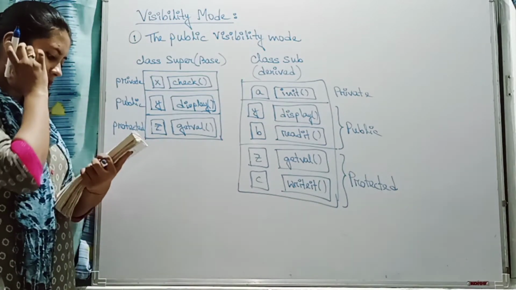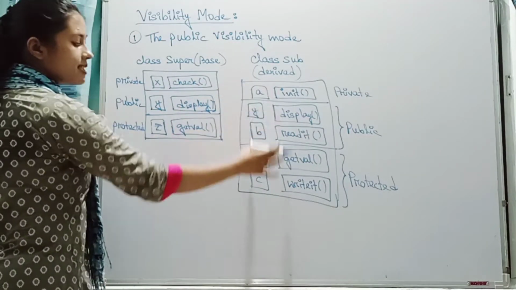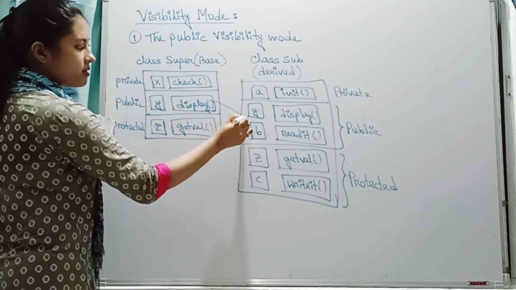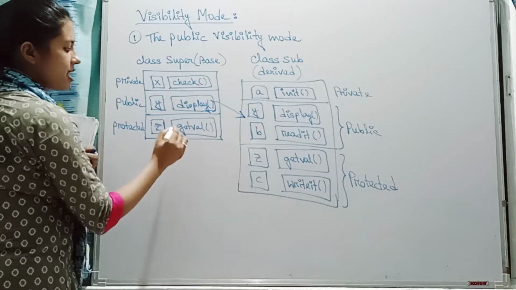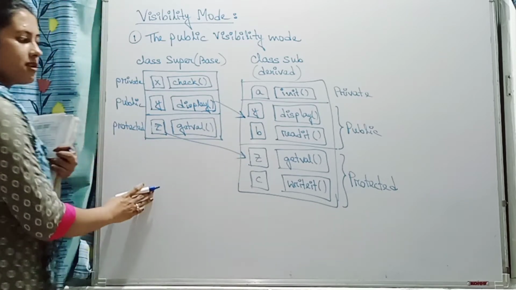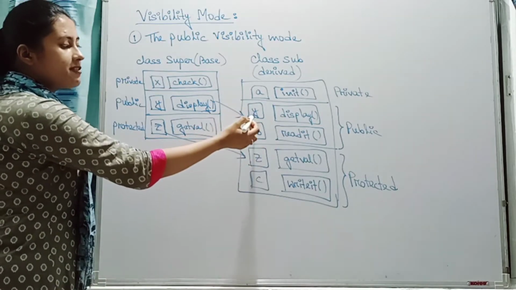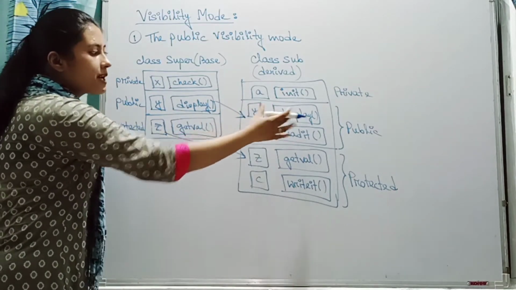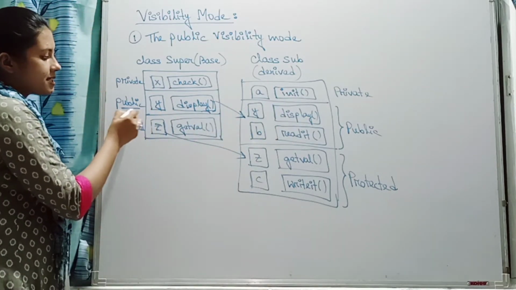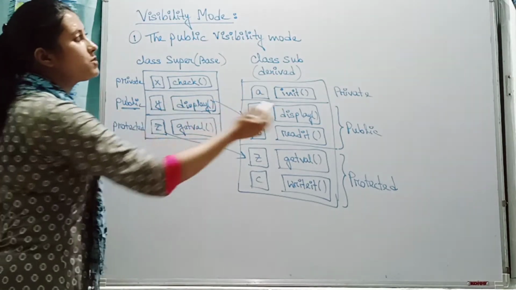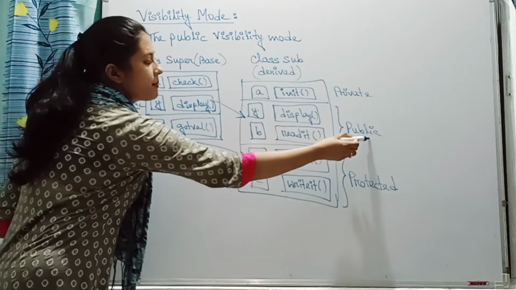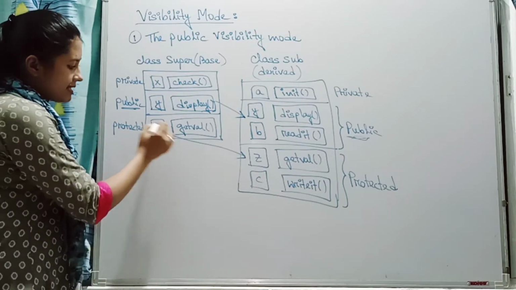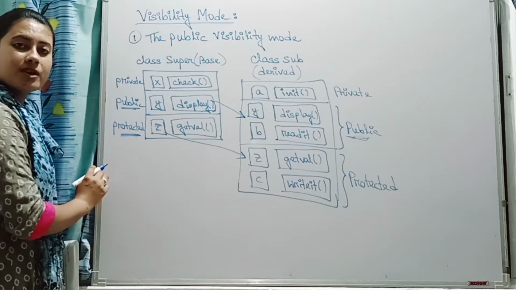So now you see from here we can see that Y is derived from here and Z is derived from here. So you can see that whenever we are deriving Y from the base class, in the subclass this Y was under the public section of the base class, so we have defined it in the public section of the derived class also. Now Z is defined under the protected section of the base class.